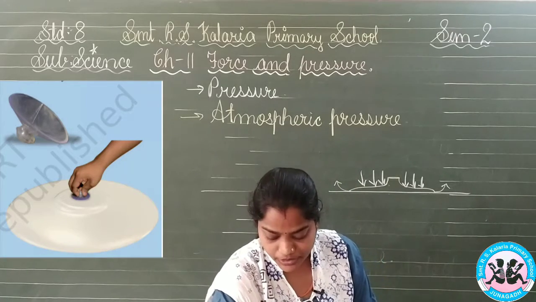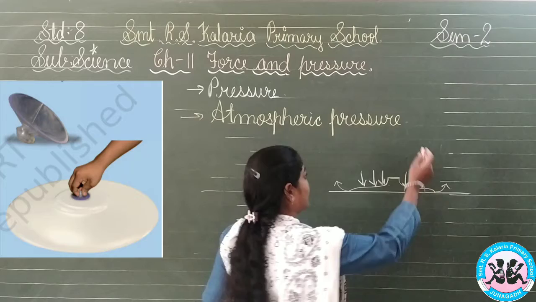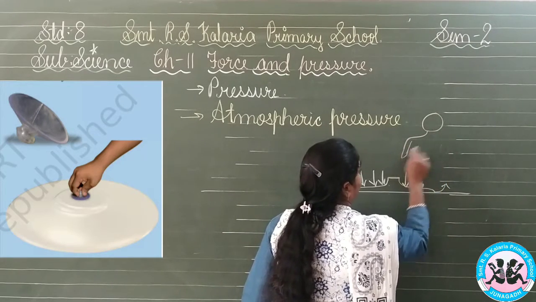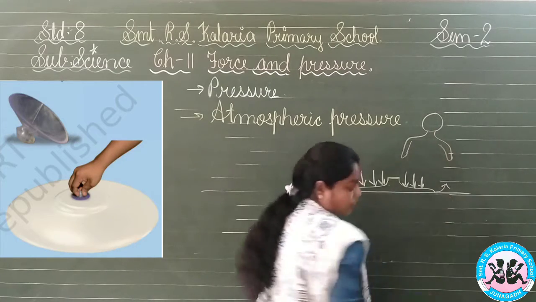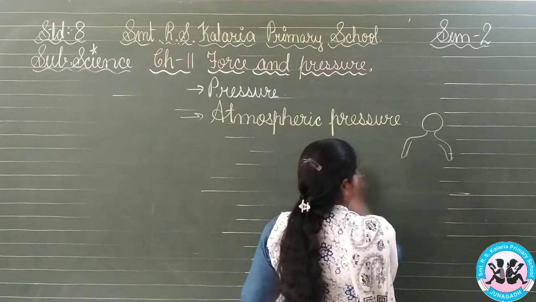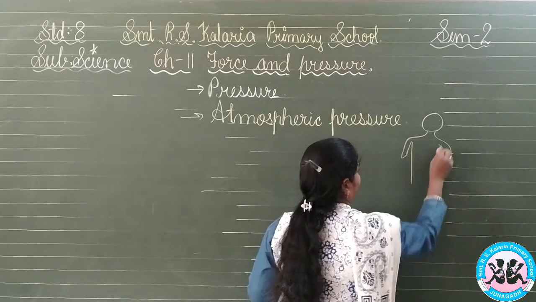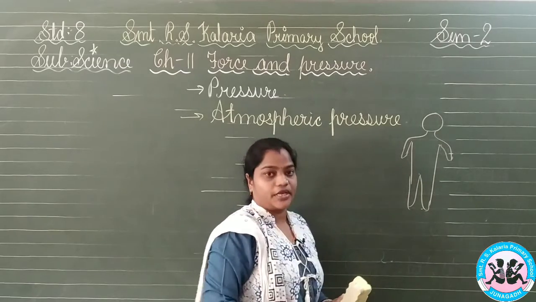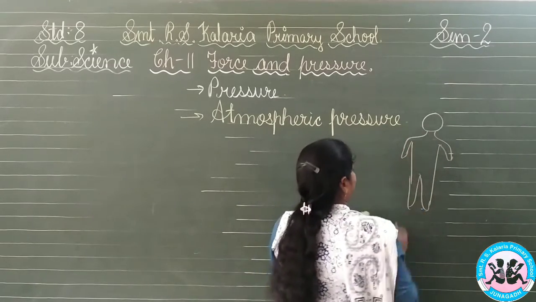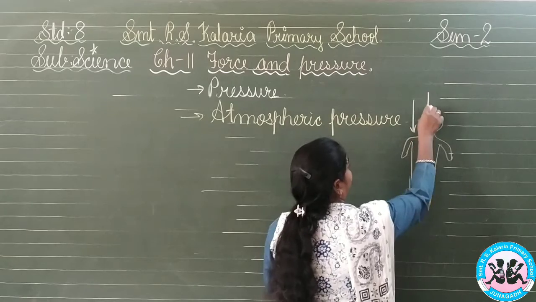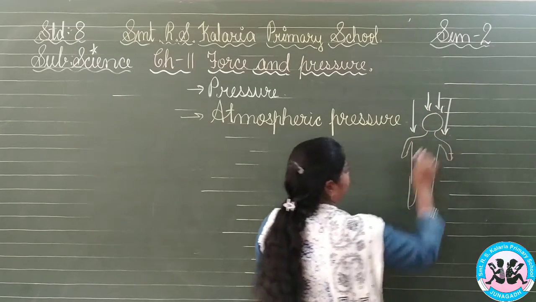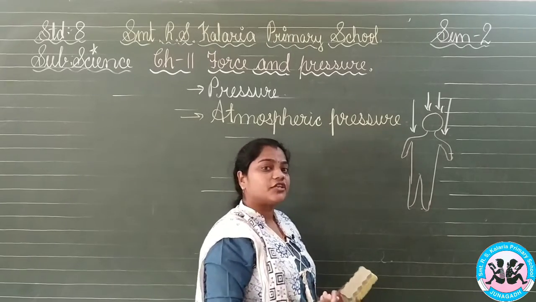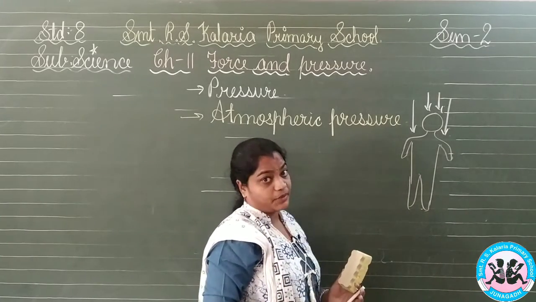This is our body structure, a human body, and when the air pressure is applied on the body, from inside our body we also have a pressure which neutralizes the atmospheric pressure.